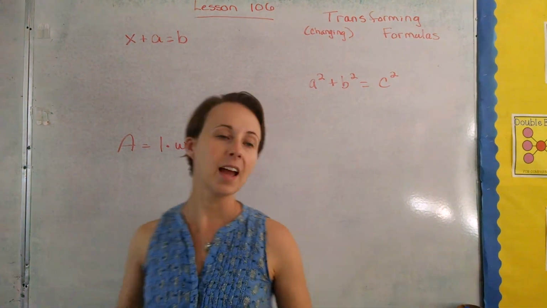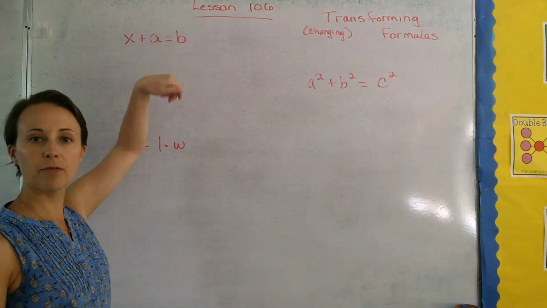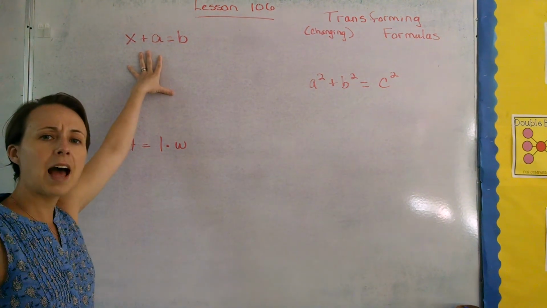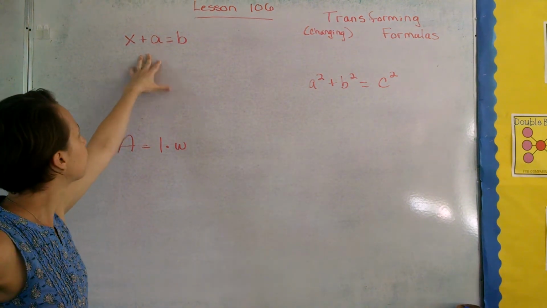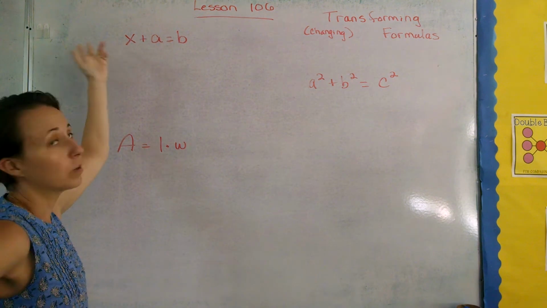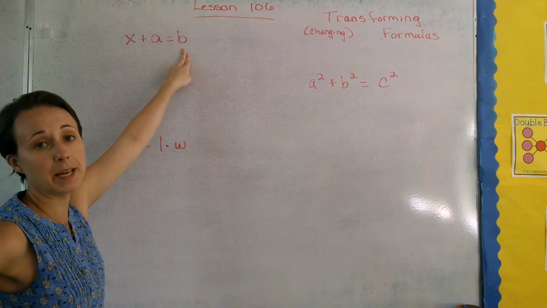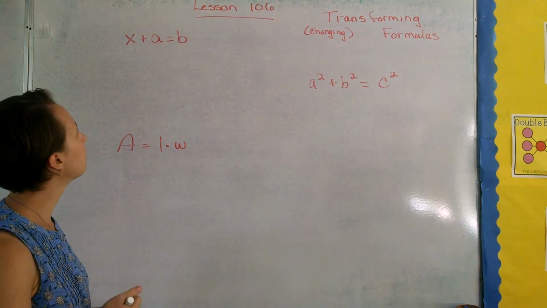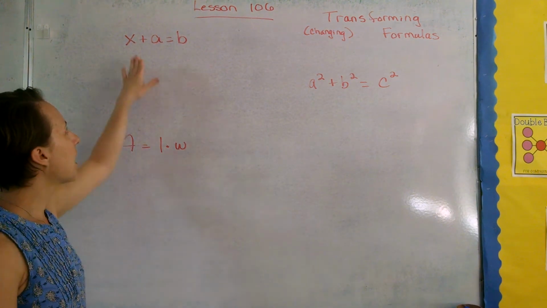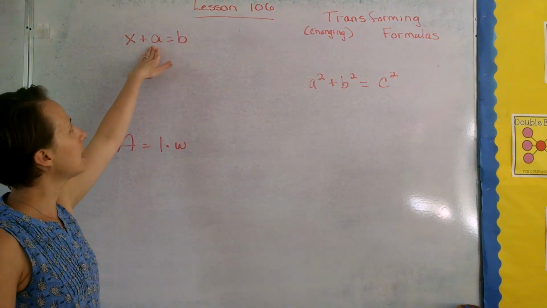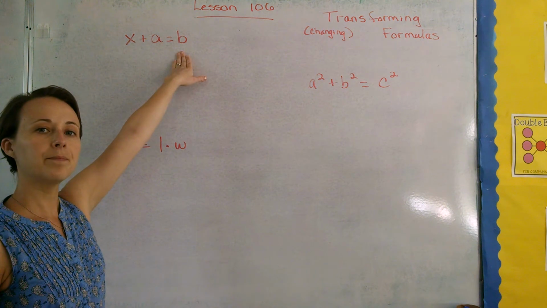Let's look up here. Now, this isn't really a formula for anything. This is just an example. And instead of numbers, I have all letters. X, whatever X is, plus A, whatever A is, equals B, some other number altogether. Let's pretend that I'm given a problem and it tells me to use this formula.